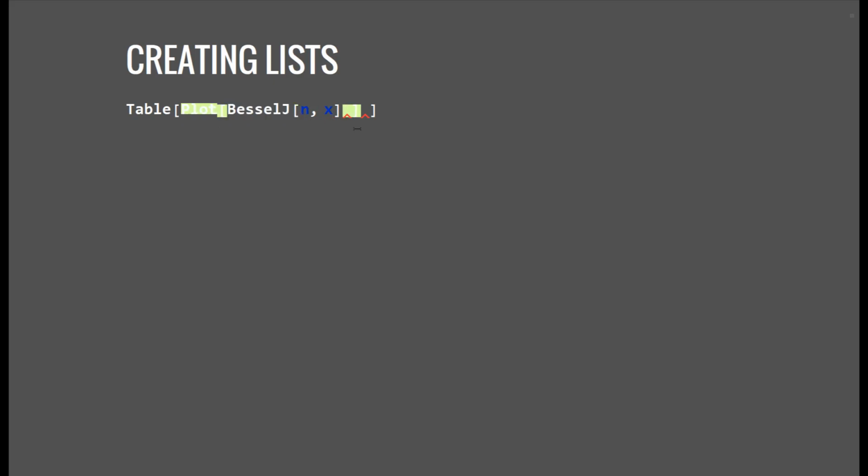And then here after BesselJ, I have to specify the range of the variable x. So where I'm going to plot the variable x here. So the variable x, let's say, goes from 0 to 10. And that will give me the plot of this function, the Bessel function, from 0 to 10. And of course, x here varies from 0 to 10, but I'm gonna do a table of those things.